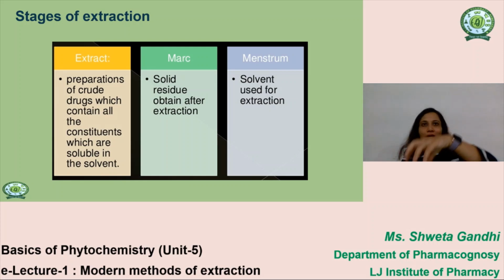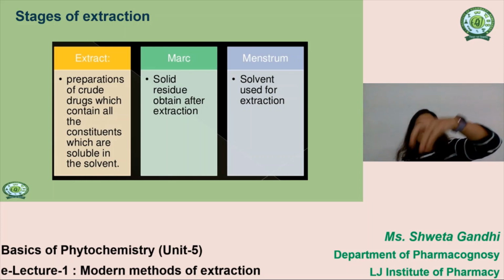Whenever we do extraction, we will get two things. One is the marc, and at the bottom we will get the liquid, solvent or menstruum, and then we will evaporate the menstruum and collect the residue. So the upper portion while extracting is the marc, the solid residue obtained after extraction.